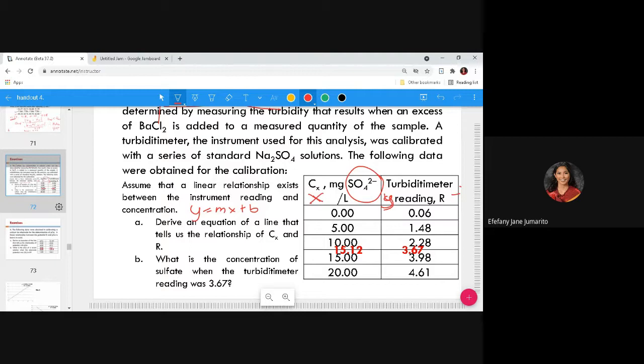Okay, when you are in a laboratory and you are the analyst, you will be asked for the slope, the line.